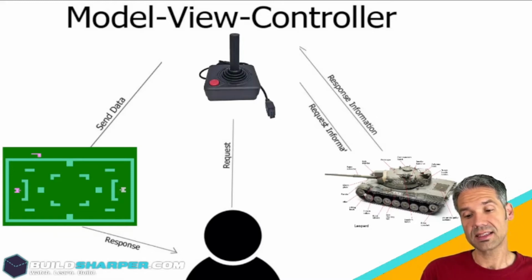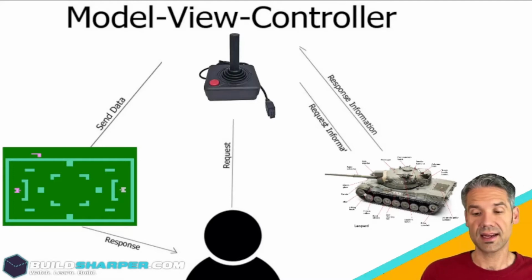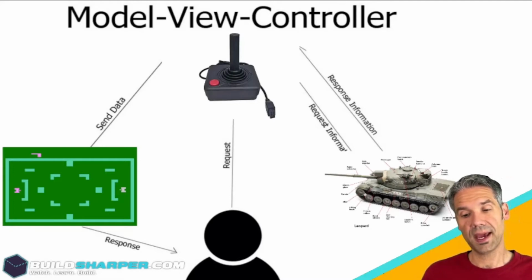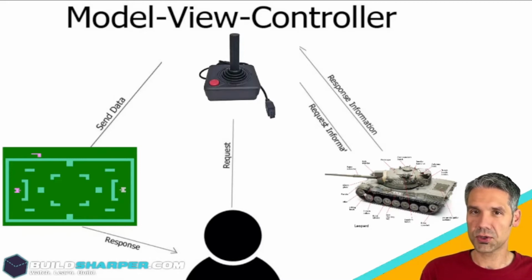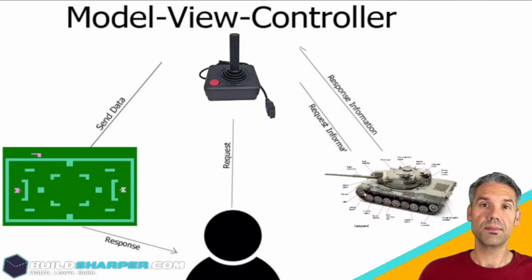Well, that data gets sent on to the model with the tank to see, okay, do we need to rotate the tank's cannon? Do we need to fire a bullet? Things like that. That information then gets passed back to the controller, which in our case wouldn't necessarily be the physical controller. For a video game, that would be the game logic, right? And then that gets passed on to the view, which is going to display the movement of the tank on the screen or the firing of the cannon, things like that. And that gets displayed back to the user.